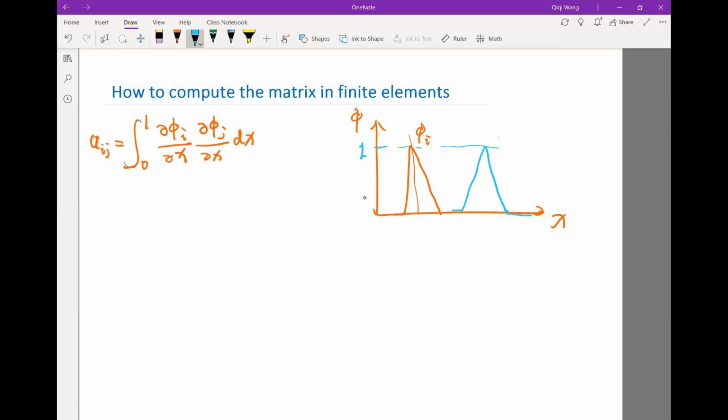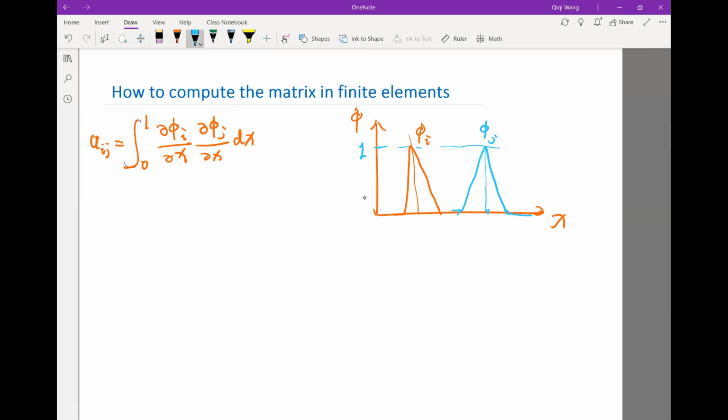Basically, every phi is going to have the value of 1 at one particular grid point and 0 at all other grid points. In the finite element vocabulary, that's called a nodal basis function. You can also visualize it as the hat functions. Now you have this kind of basis functions.